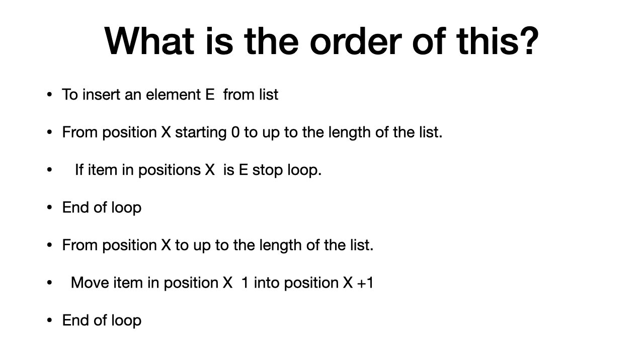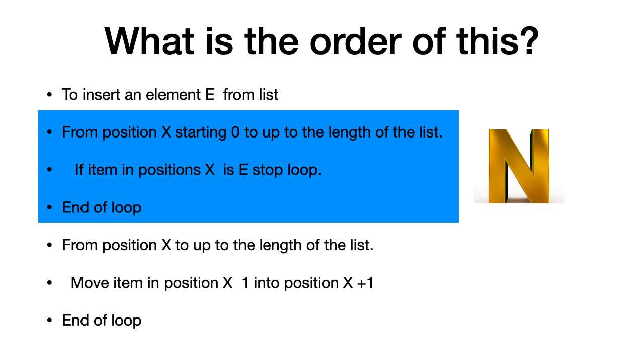So that's the first part, and then from position X to the end of the list, we move from the end of the list down to position X, and move all the items up there. So what order is this? Now remember, we're looking for loops here. Let's count the loops. I count 2 loops.